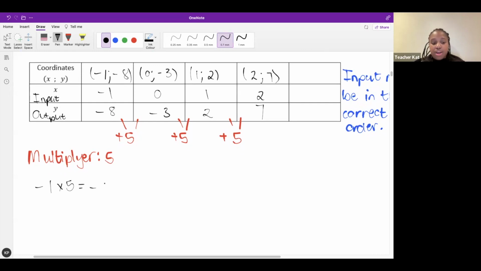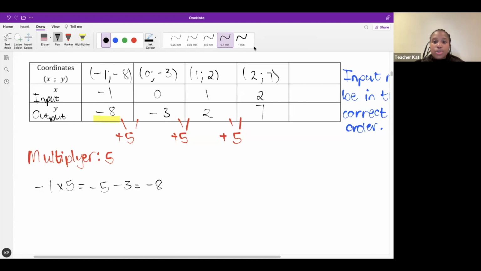That's -5. But is that the output that we're looking for here? No, we're looking for -8. So how am I going to get from -5 to -8? We're going to subtract 3, and that will give us -8.